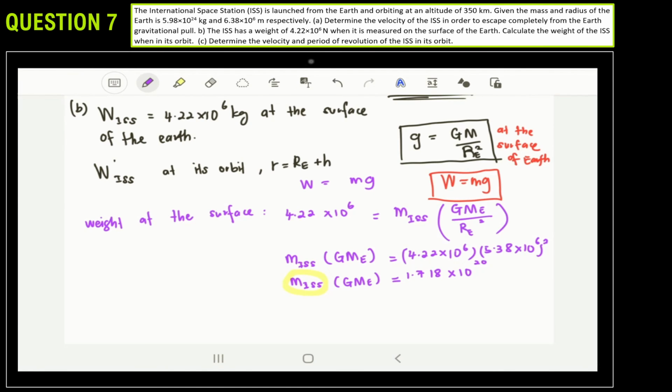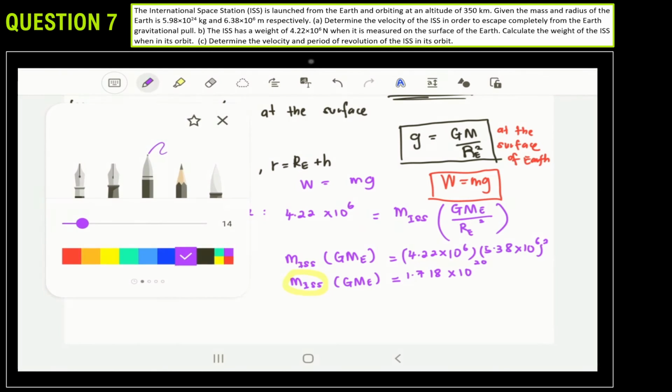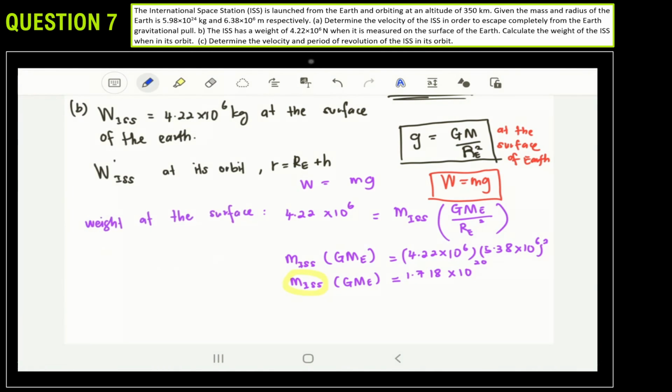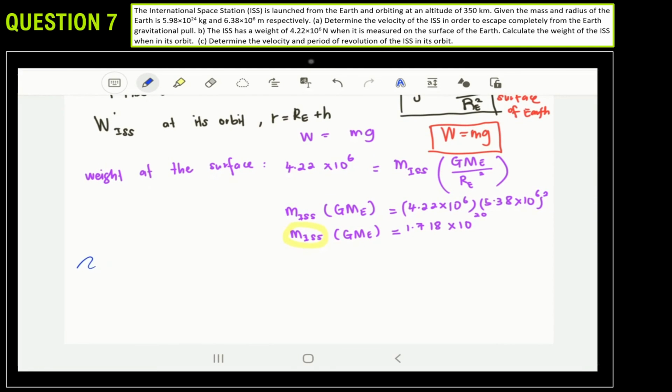Okay, so now, let's write what the weight is at its orbit. We don't know it, so I just put W prime. So W prime is equal to the mass of the ISS times G, the mass of the Earth, the point mass, over R, where it's RE plus H on its orbit, squared.